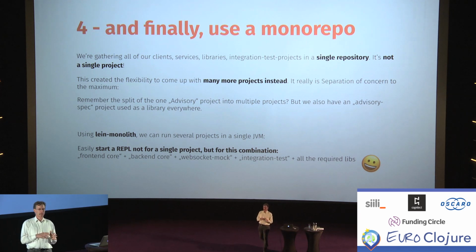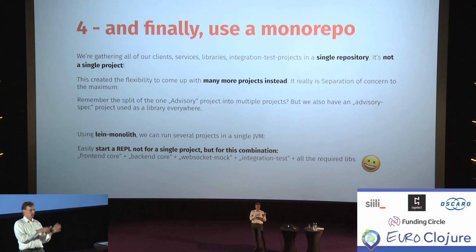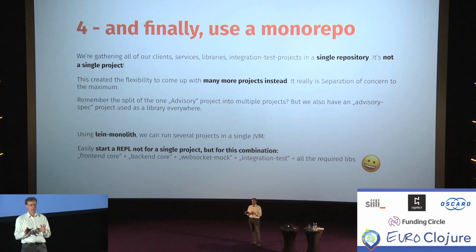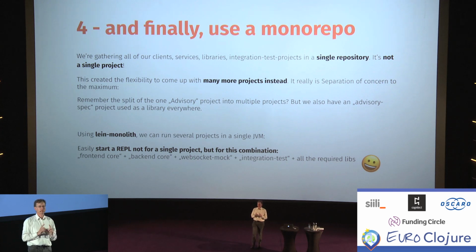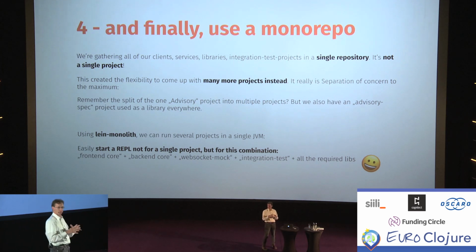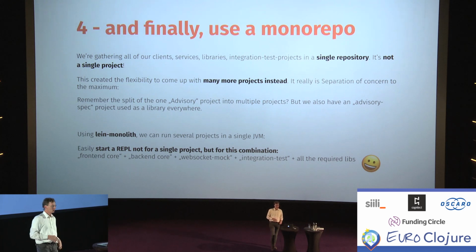We switched from a different project with different Git repositories to a monorepo. And this, together with Lein monolith, gave us the possibility to explode the number of our projects, actually, and to really have one project for one concern.